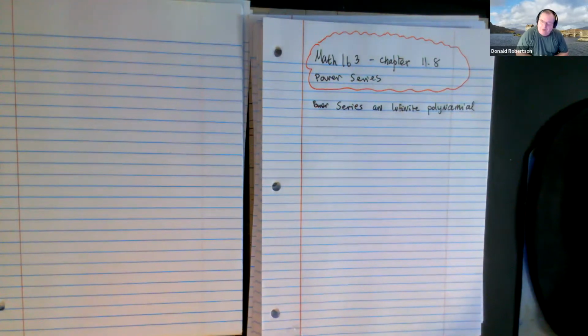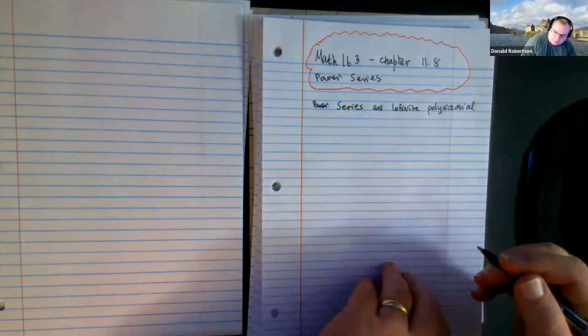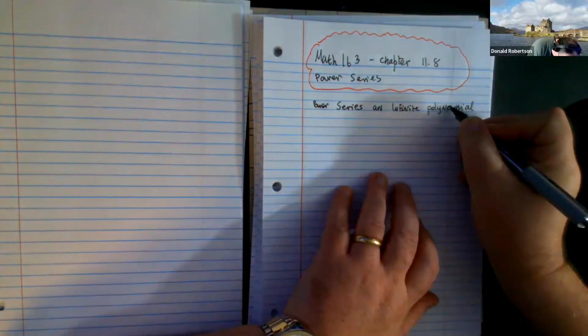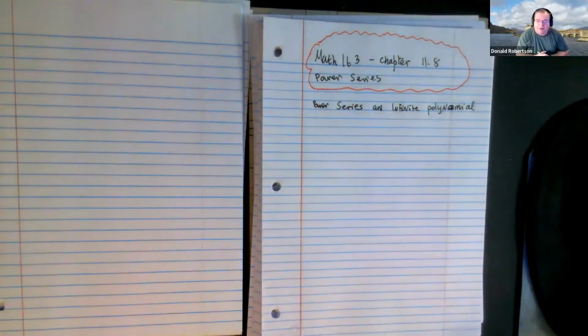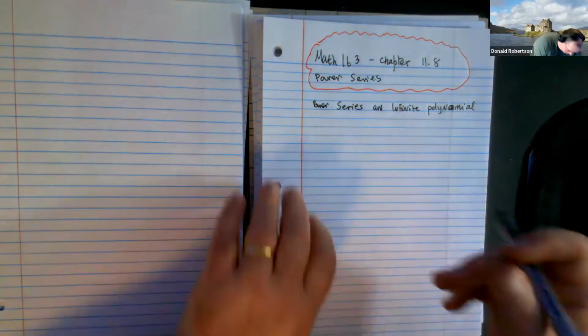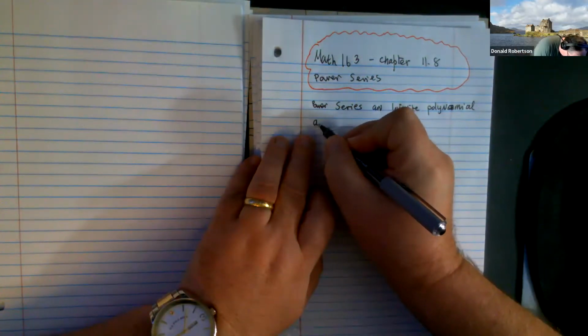Wow, an infinite polynomial. You would think that an infinite polynomial would not be that interesting, because it goes on forever. What possible use could you have for that? Well, here's an example of an infinite polynomial.